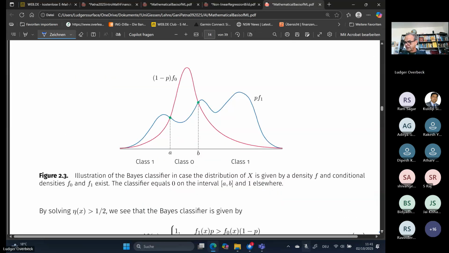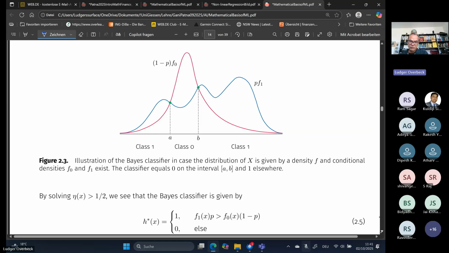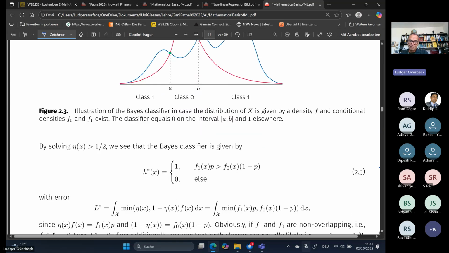Still, now you can do two things. In your data, if you have them, you calculate the densities of grayscale for cats and non-cats.